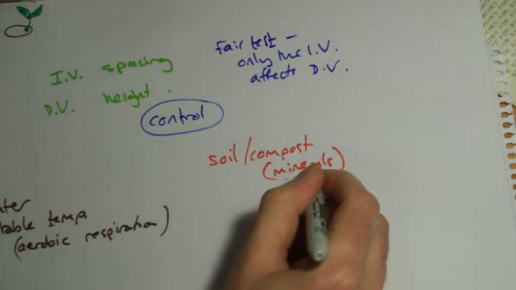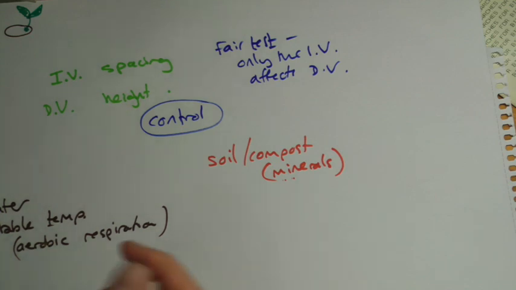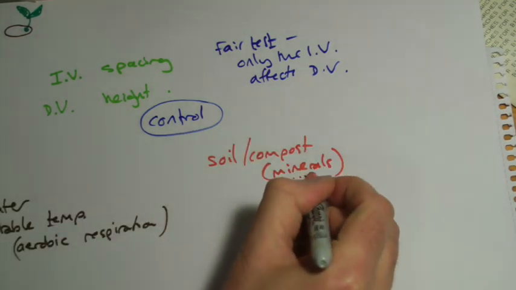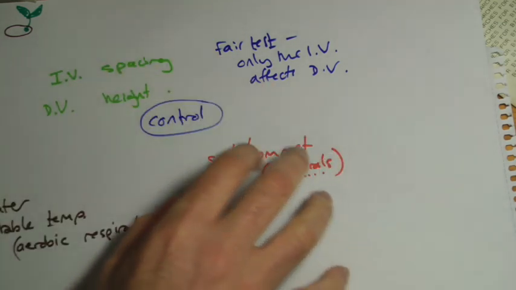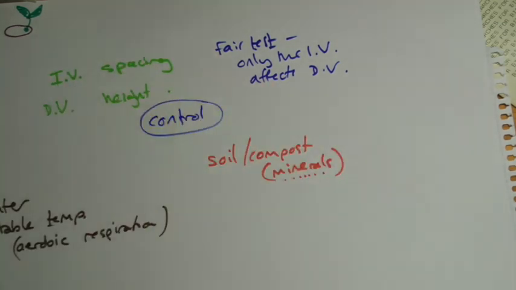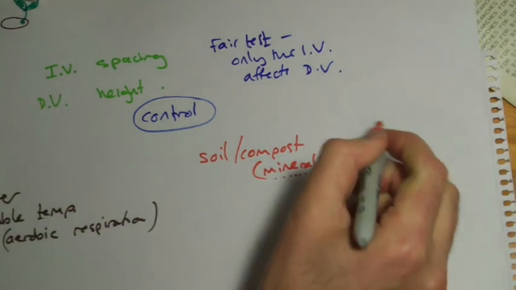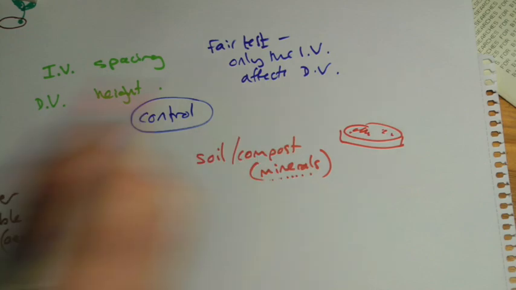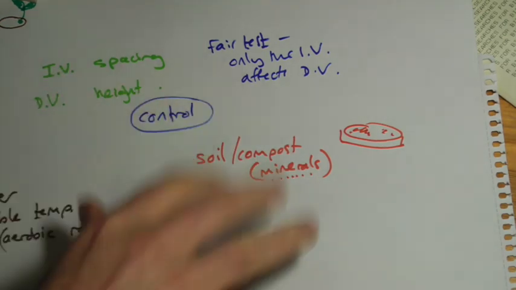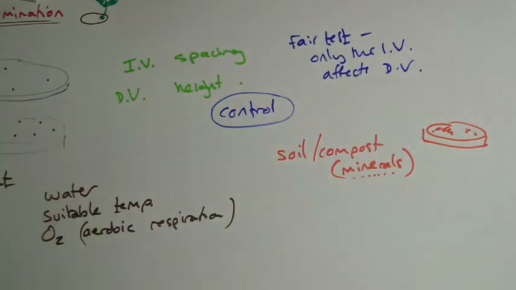Don't talk about soil containing nutrients or goodness, talk about it containing minerals. It's the correct way to say it. We can't be sure that we've got exactly the same amount of minerals. If I had a petri dish with soil in it, or a pot with soil in it, am I sure that the soil over here is the same as the soil over there? And possibly not. So that's not necessarily so easy to control.